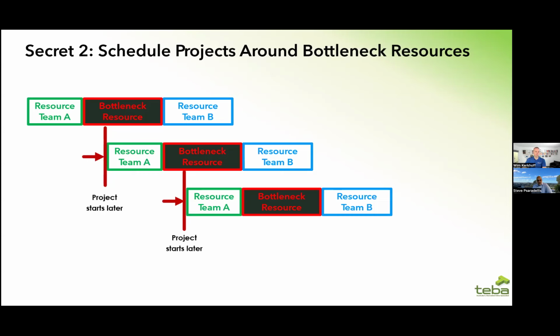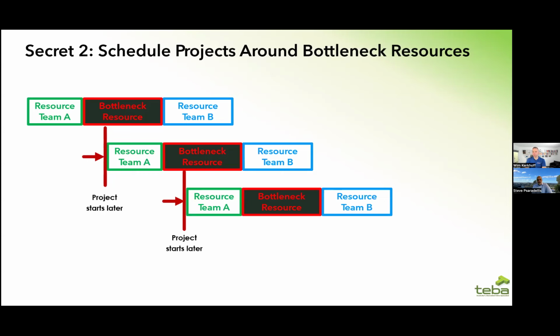You have to start thinking everything depends on those bottleneck resources. The scary thing here is you might go, but that's going to cause this, that, and the other. What it causes is projects to flow smoothly and multitasking to disappear for your bottleneck resources.